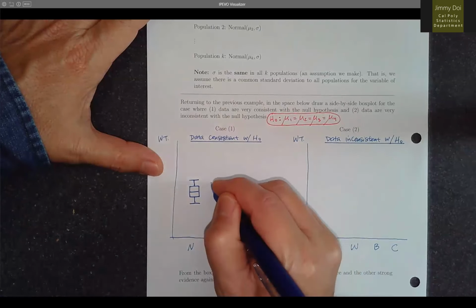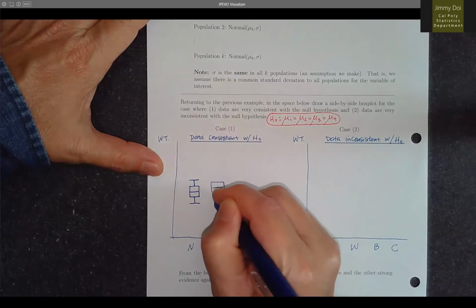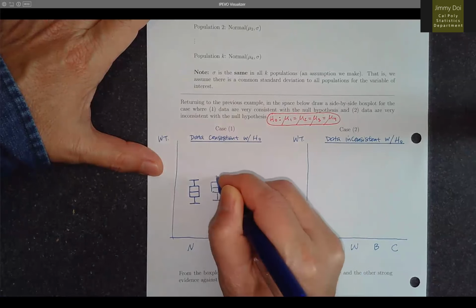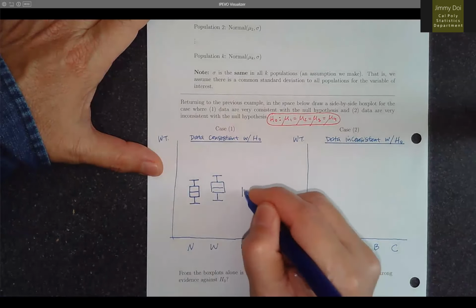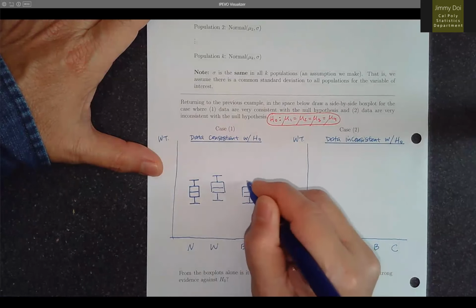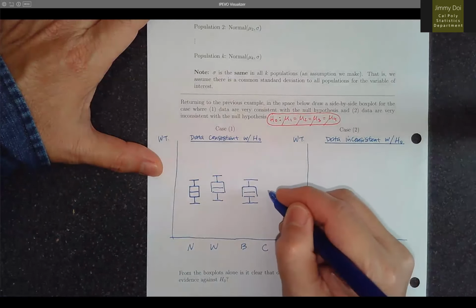So let me do this. I'm going to intentionally jitter this a little bit. Here's the box plot for wasps. Here's the box plot for bacteria. Here's a box plot for control. All right.